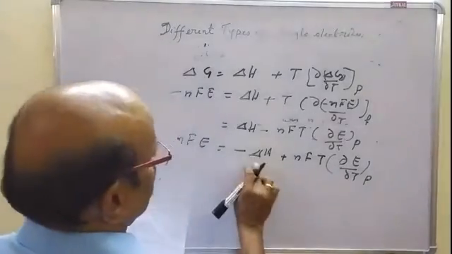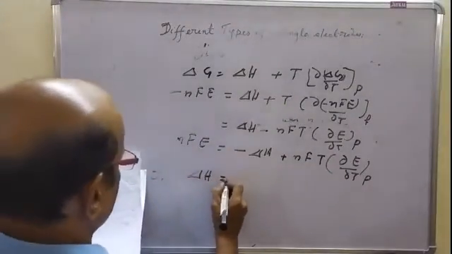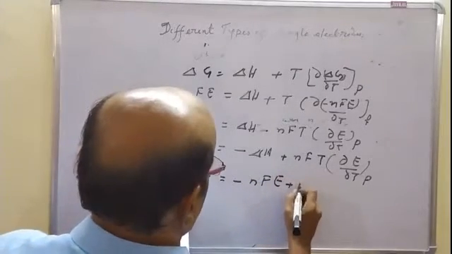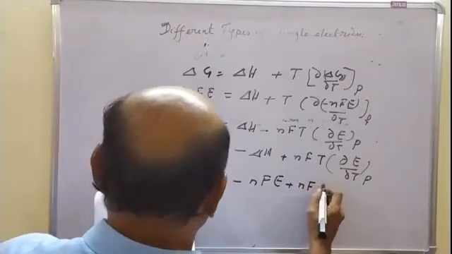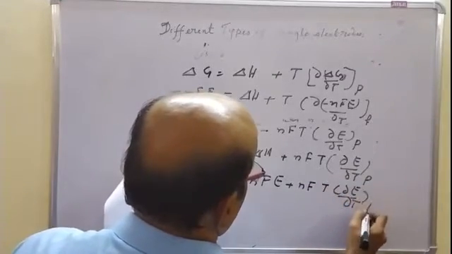Since we want to get the value of delta H, delta H is equal to minus nFE plus nFT into dE by dT at constant pressure.